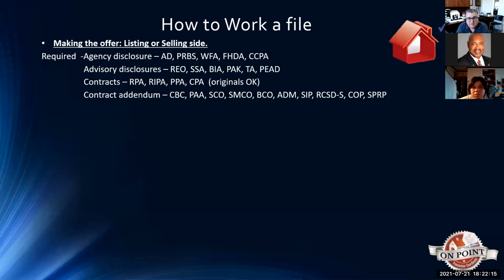So these four categories, if you will, would be all inclusive to any offers that you make on a property and or any offers you would receive if you happen to be the listing agent, right? So you're kind of linking things together, if you will. You're taking care of the advisories and disclosures. You're taking care of the different verbiage that's required.